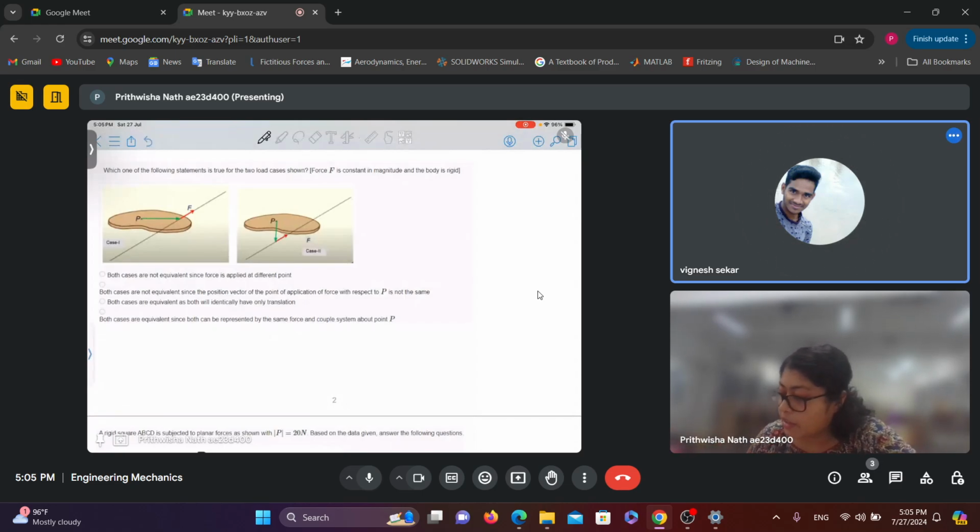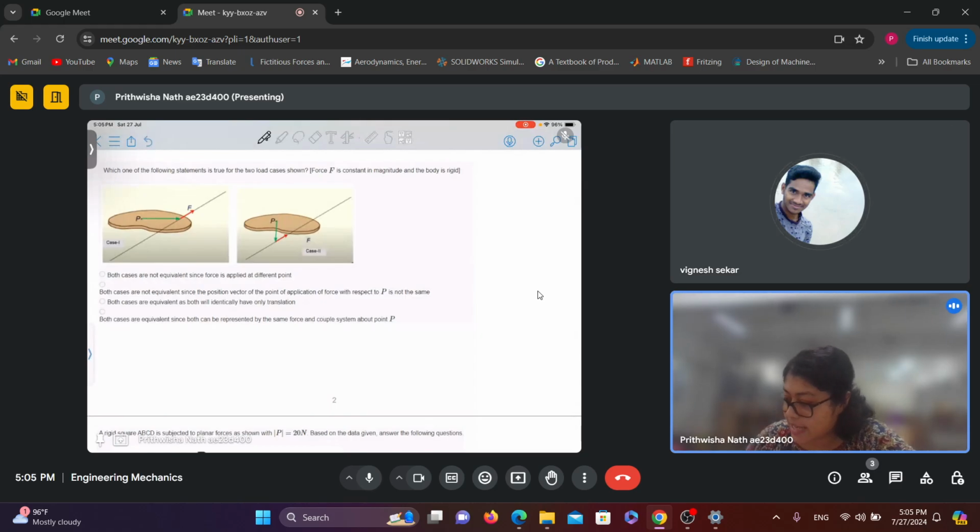Force is a sliding vector, so we can slide this force along the line shown, this black line in this image. Now we can bring this force to the same position as shown in case 1.